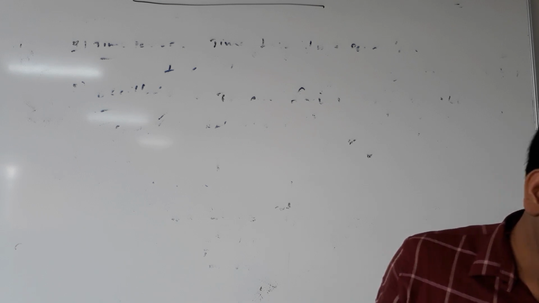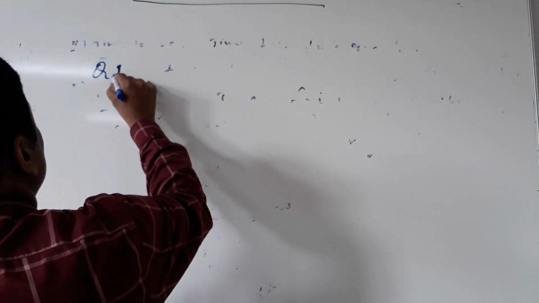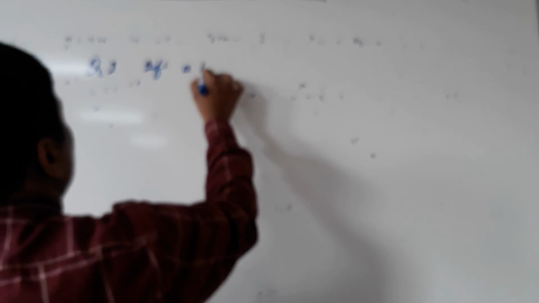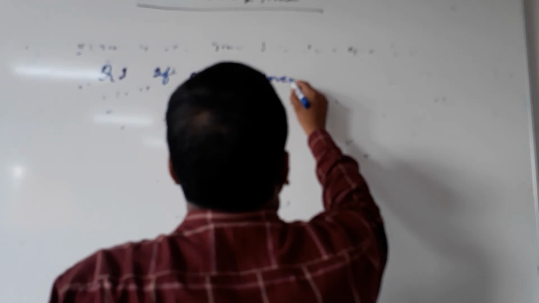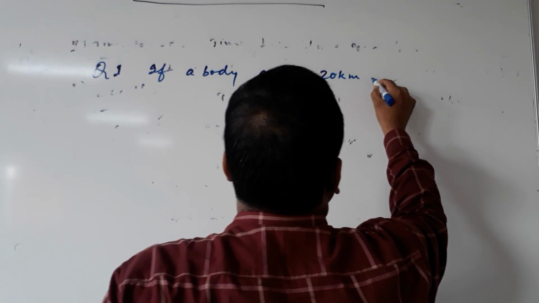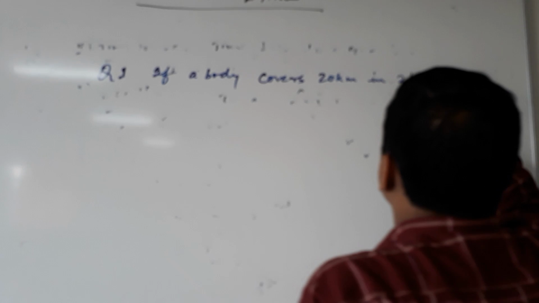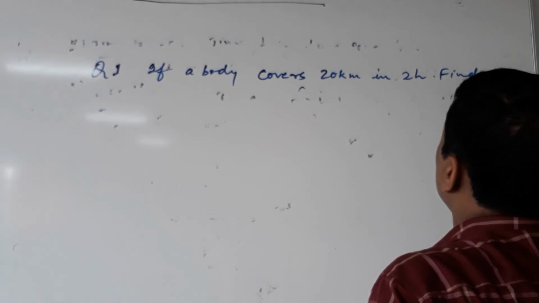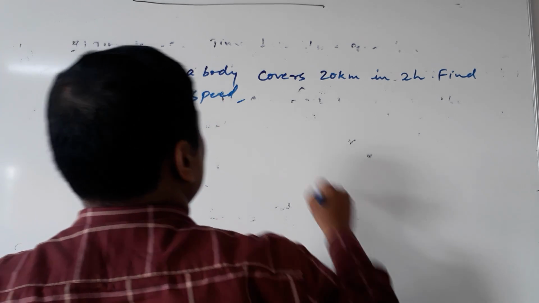That is, if any numerical is given to you, if a body covers 20 kilometer in 2 hours, find its speed. How will you find it?